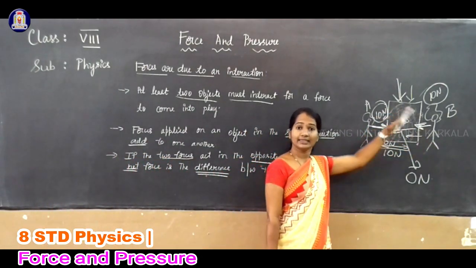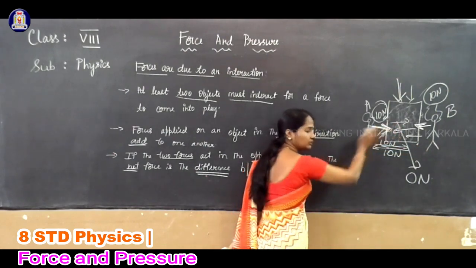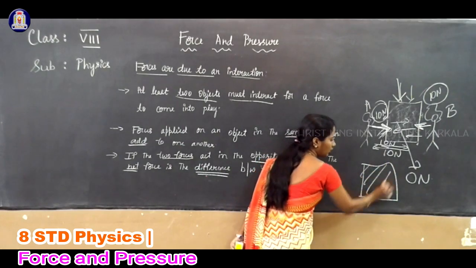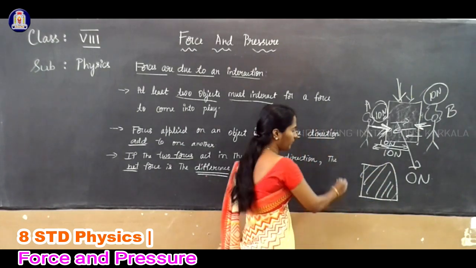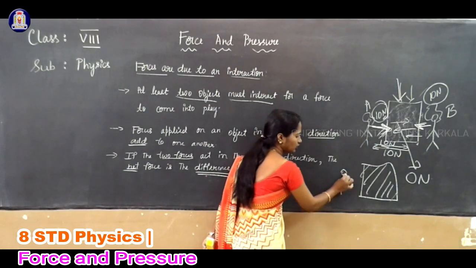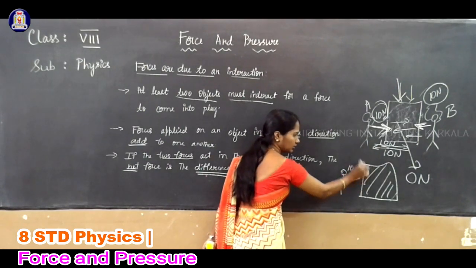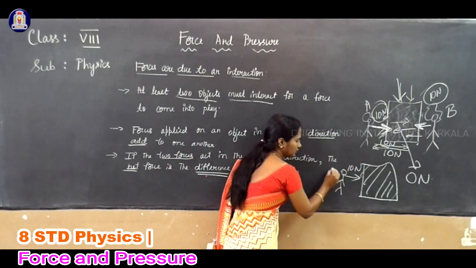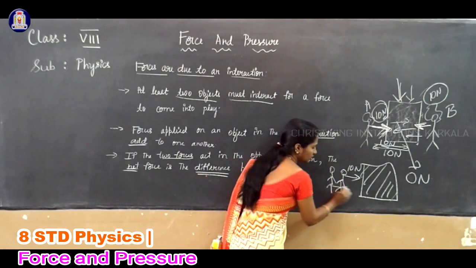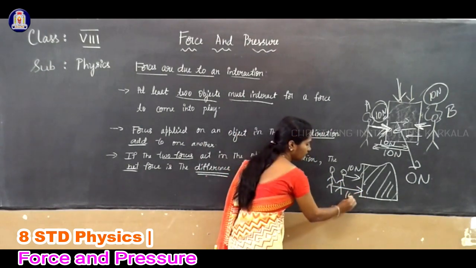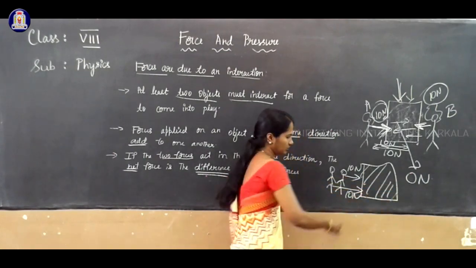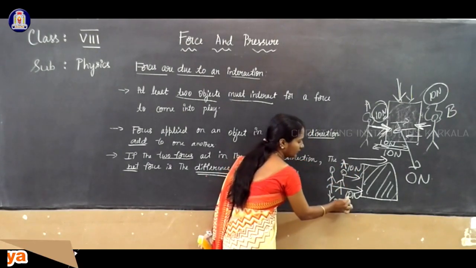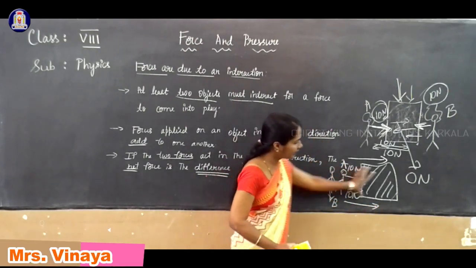In another way, to move this box, what can we do? The same box, full of books and many things. Person A is pushing in this direction with 10 Newton of force, and one more person, person B, is also pushing with 10 Newton of force in the same direction.